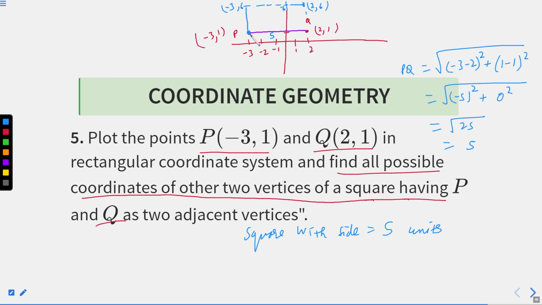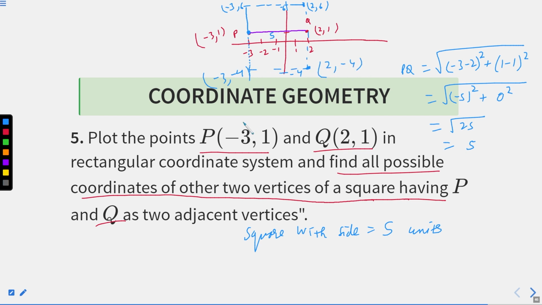Similarly, I can go downward 5 units. So going downward 5 units, I will get to -4. Here is -4. So -3 comma -4, and this point is 2 comma -4.